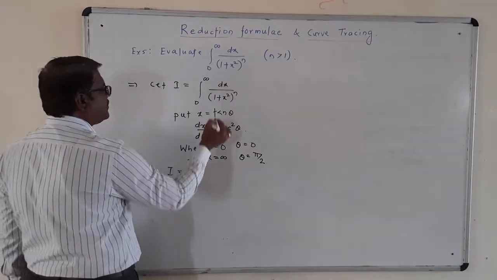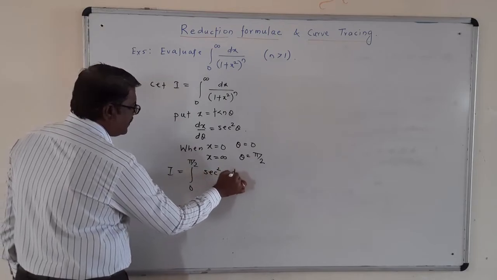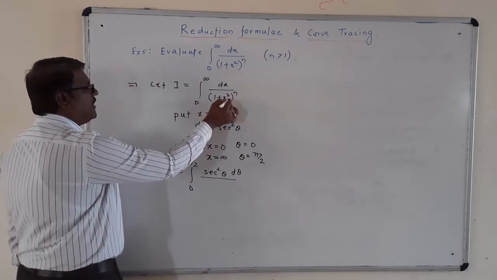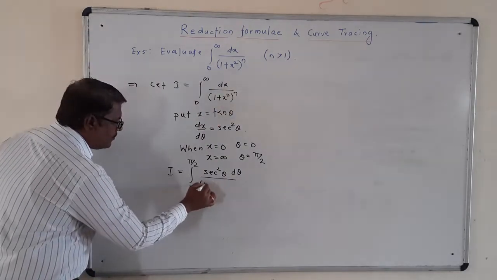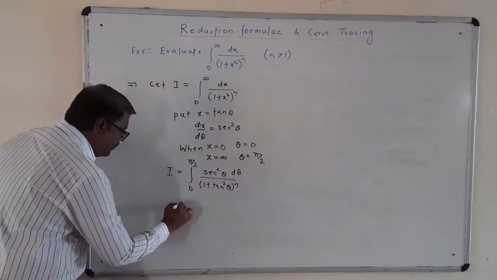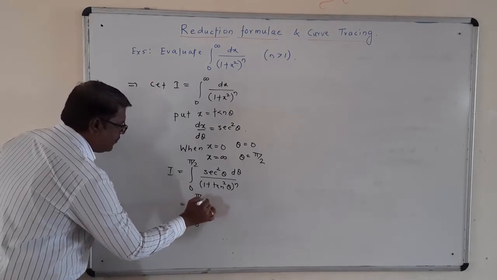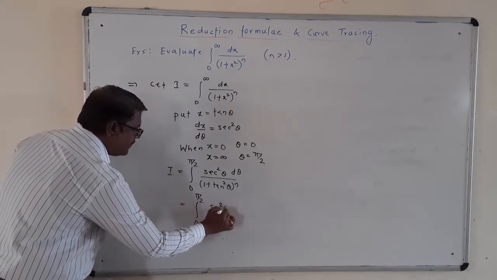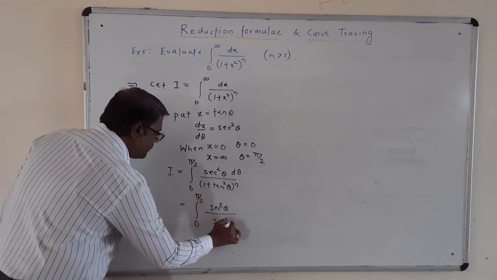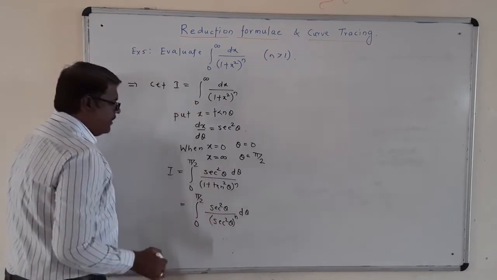Now the value of dx is sec square theta d theta, so I will write sec square theta d theta in the numerator divided by 1 plus tan square theta raised to n. So 1 plus tan square theta raised to n, which is nothing but integration 0 to pi by 2 sec square theta divided by 1 plus tan square theta, which is again sec square theta, raised to n, d theta.